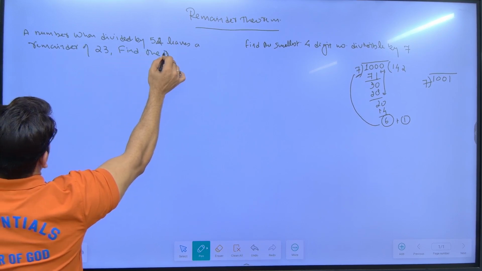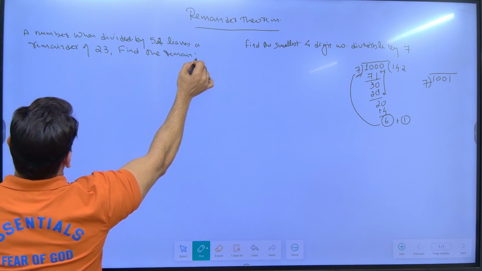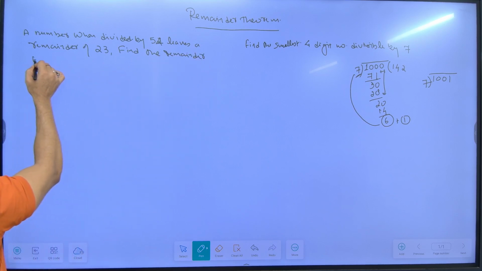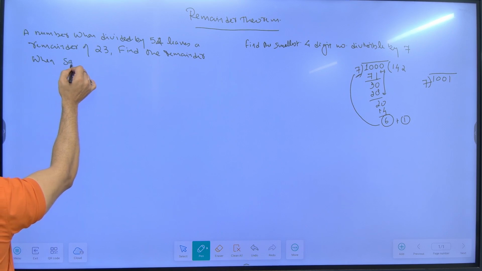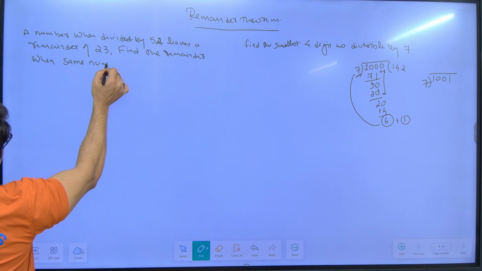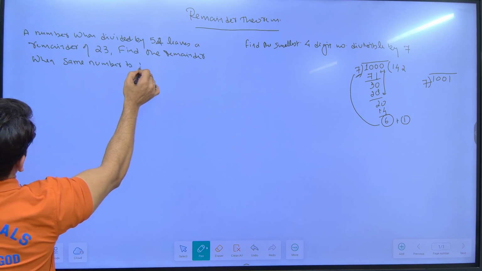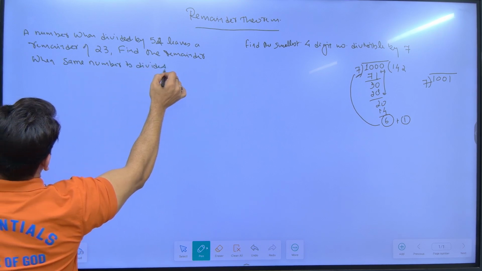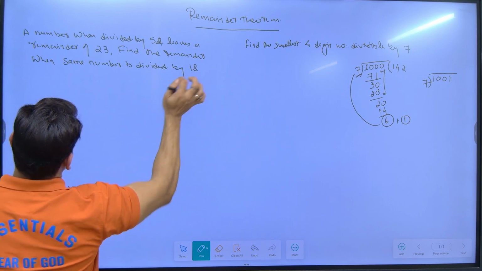Find the remainder when the same number is divided by 15.